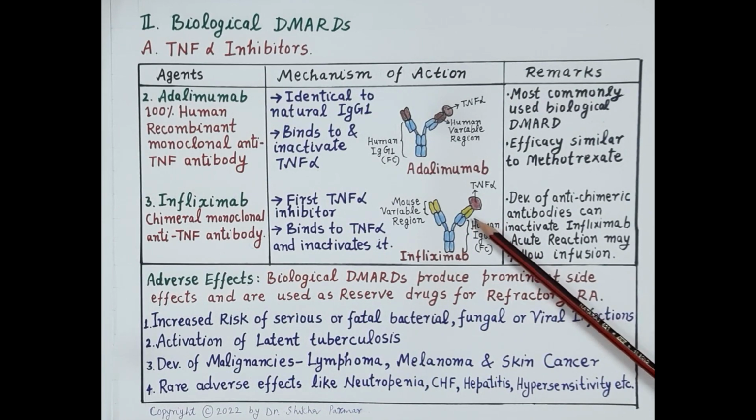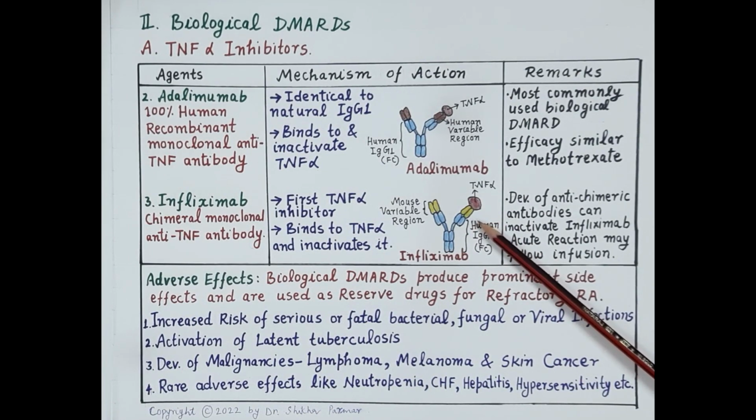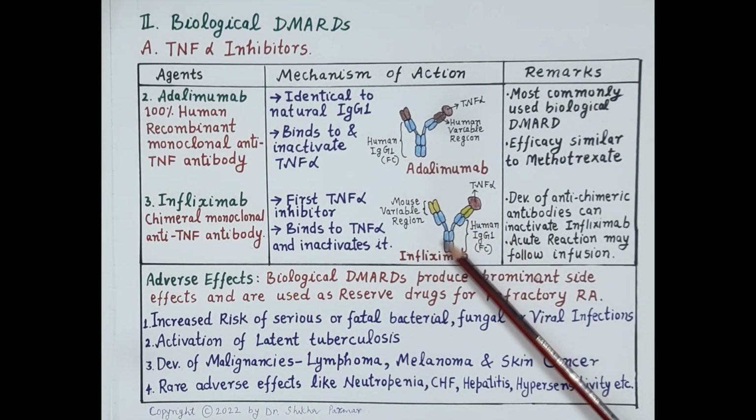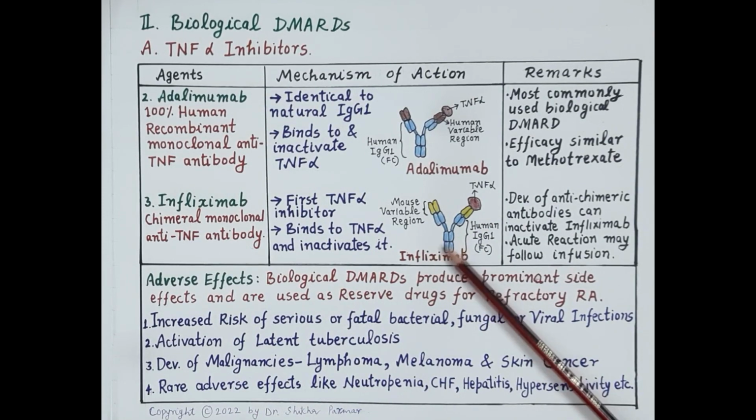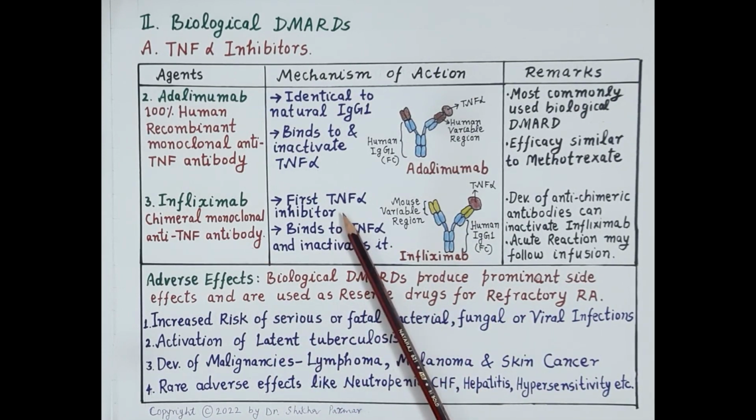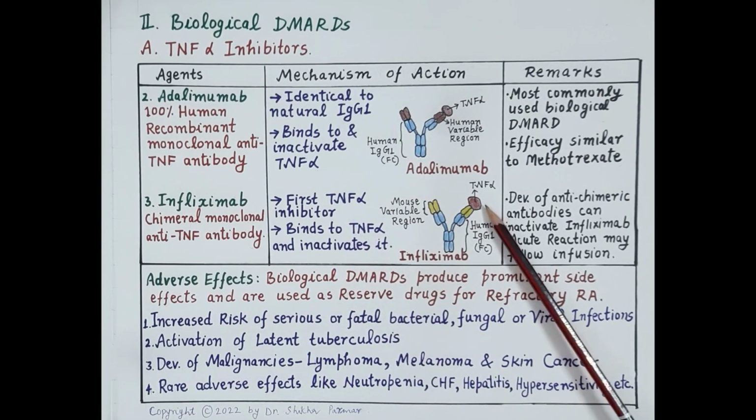Now, this 25% variable region is from mouse, and this 75% constant region is from human. Now, infliximab is the first tumor necrotic factor alpha inhibitor that became available, and it binds to tumor necrotic factor alpha and inactivates it.